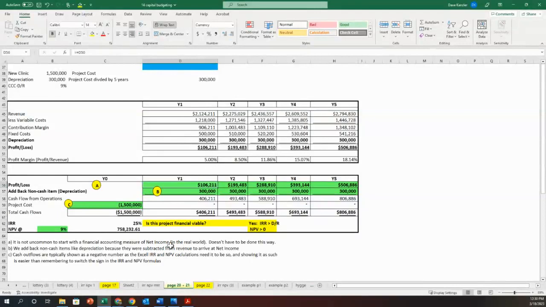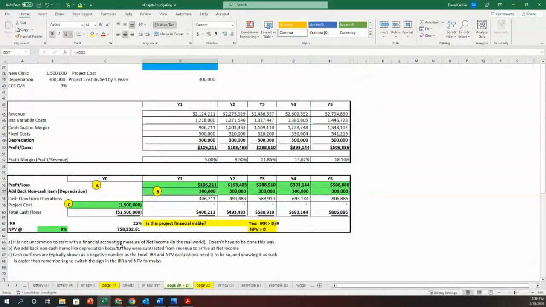It's not uncommon to start with a financial accounting measurement of net income. So we start with that for each year. We just link it, because we don't key in assumptions and variables. We build models, right? So we start with that.